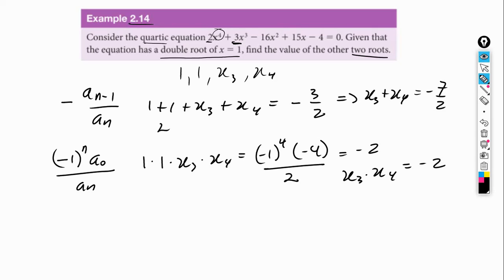So then that means that x3 times x4 is equal to -2. Okay, so we're ready to solve the problem using a system of equations, right? With 2 unknowns and 2 equations. Because we have that x3 plus x4 is equal to -7/2, and we also have that x3 times x4 is equal to -2.